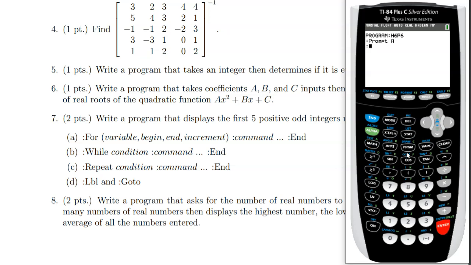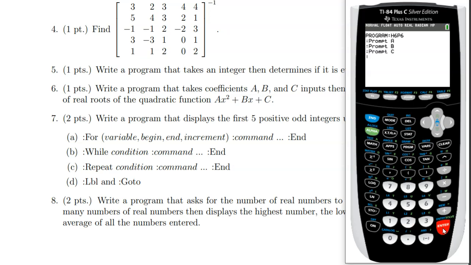And I'm going to do the same thing with B and C. So input output, and then prompt B. So alphabet, where's B? B's right here. And then I'm going to do it again: input output and prompt C. So alphabet C.